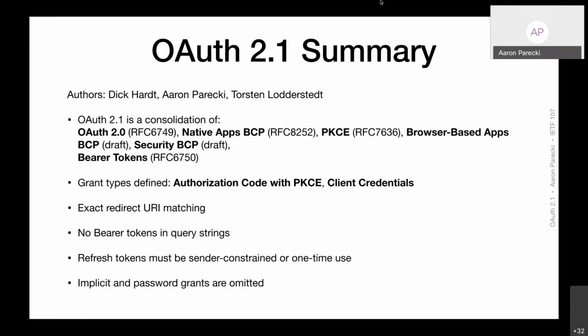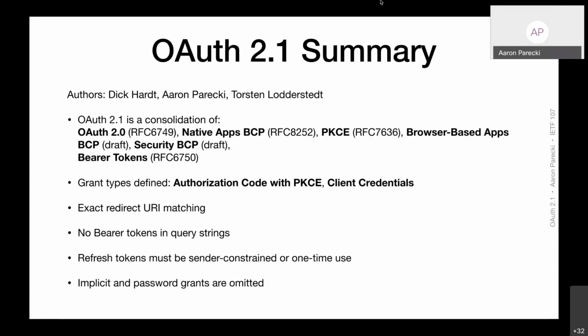There's the in-progress browser-based apps best current practice and the in-progress security best current practice as well, which defines a bunch of tighter behavior around OAuth 2 for both clients and servers. There's also the bearer tokens, which was split out into its own RFC when it was originally published. And of course, in practice, that's pretty much all anybody's been using.